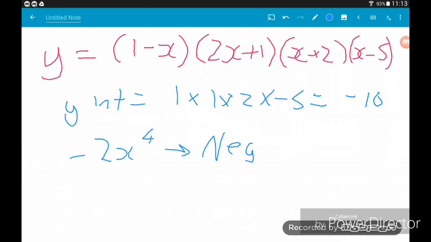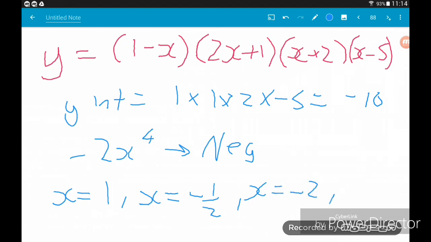So 1 minus x would give us x equals 1. 2x plus 1 would give us x equals minus 1 half. x plus 2 gives us x equals minus 2, and then x minus 5 gives us x equals positive 5.